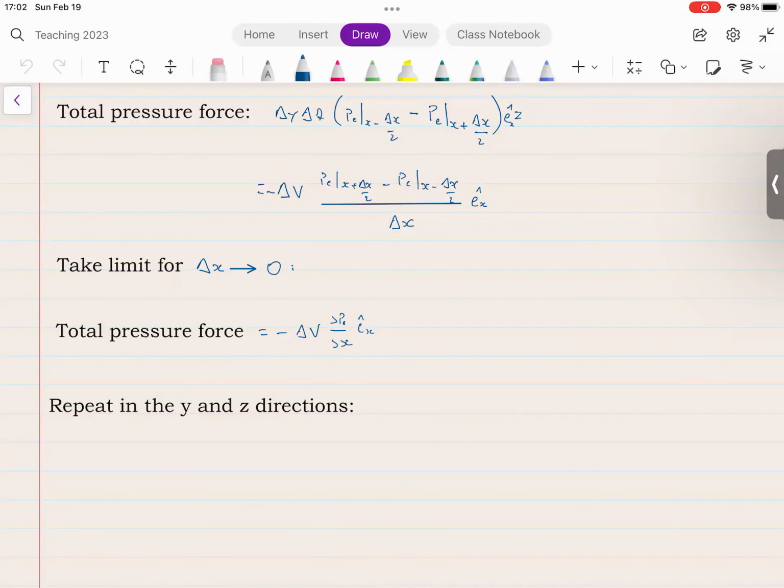My pressure force is going to be equal to minus delta V times grad P. So that's where it comes from.